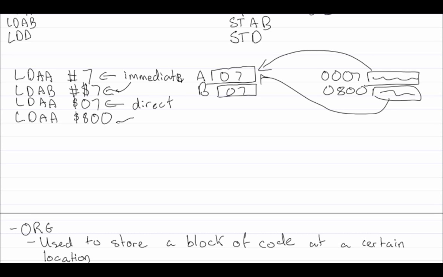Now this is known as extended direct addressing. This is called that because 800 is actually a 16-bit number, because as you know, two digits in hexadecimal take up 8 bits.